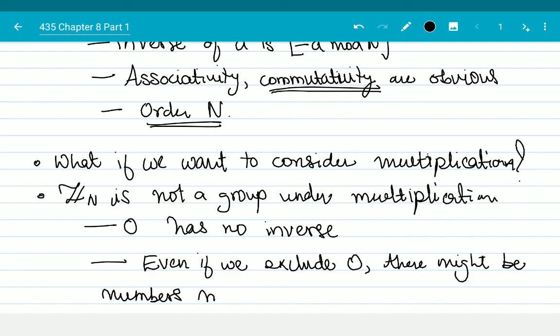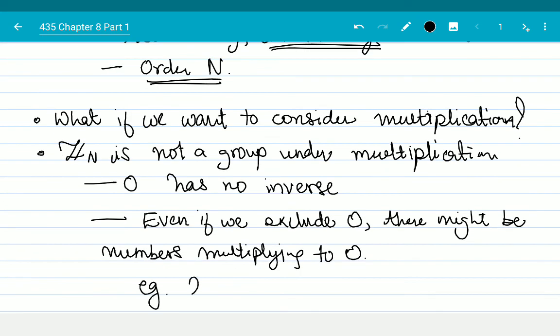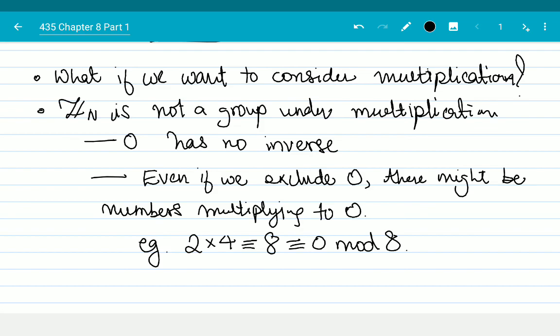For example, 2 times 4 is equal to 8, which is congruent to 0 mod 8. So clearly, if I have 2 in my group, Z8 is not a group, even if I remove 0, because 2 is in there. Right? So how do we fix this?